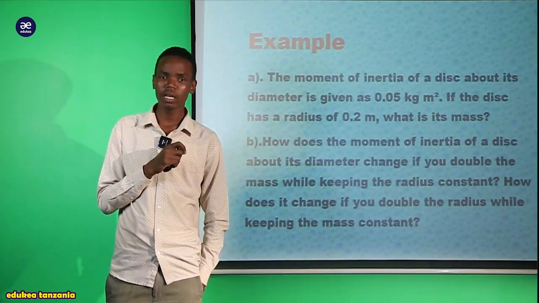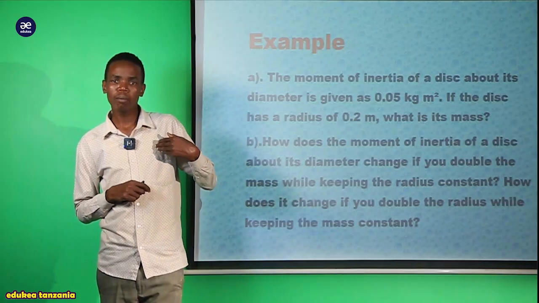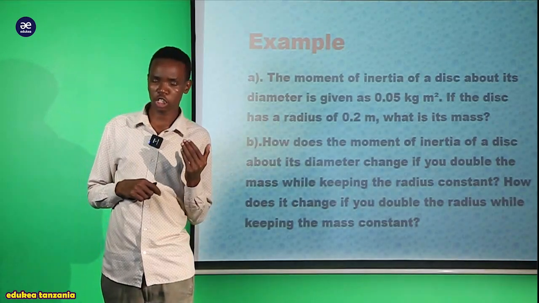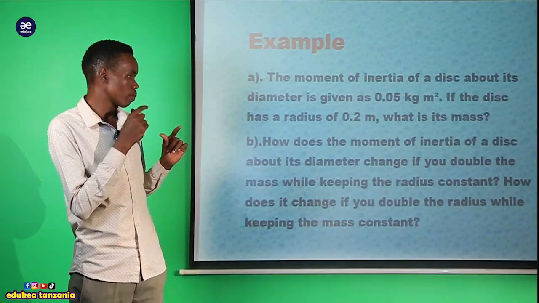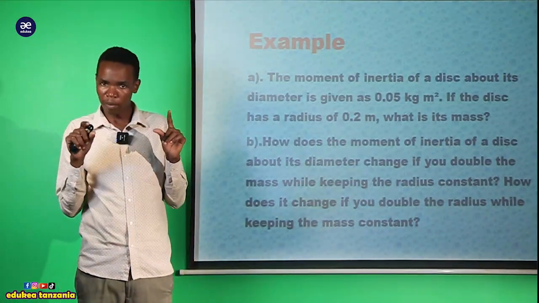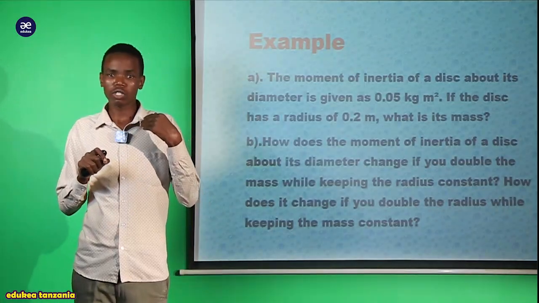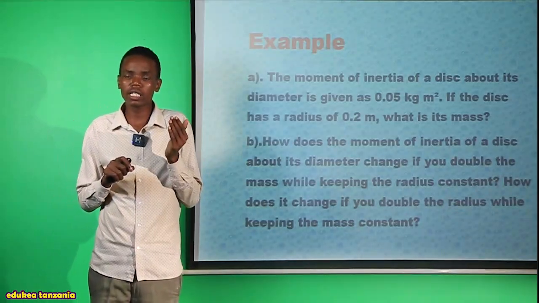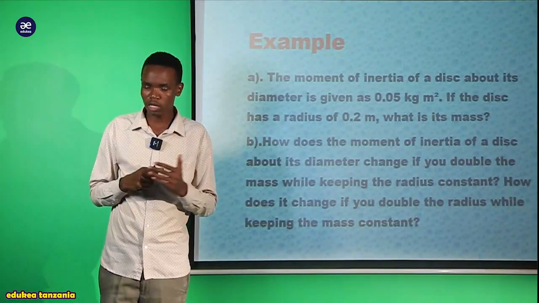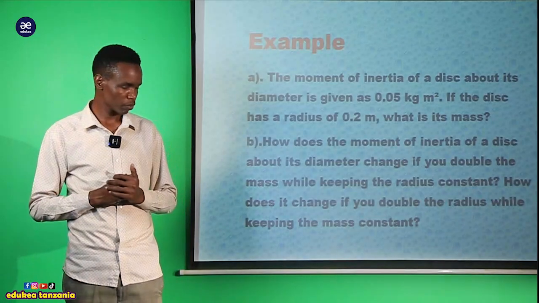So on Roman B, we have been asked to identify how the moment of inertia could change if the mass is doubled and the radius remains constant, and also when the radius is doubled, how can we get the moment of inertia? That is what we have been asked on our question Roman B here.